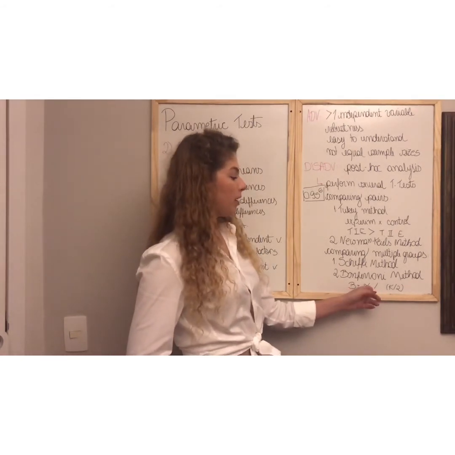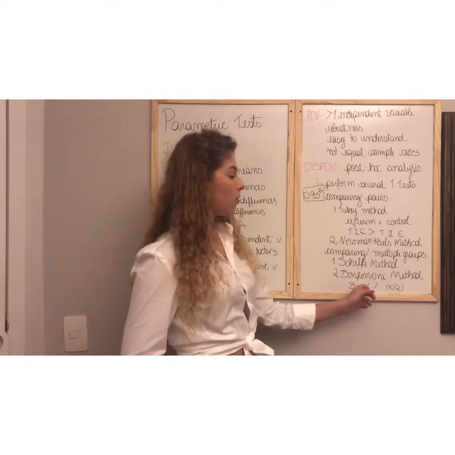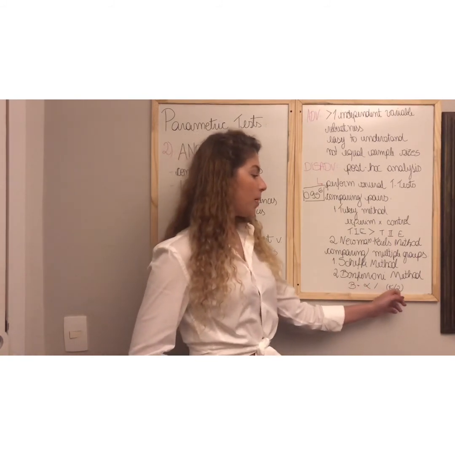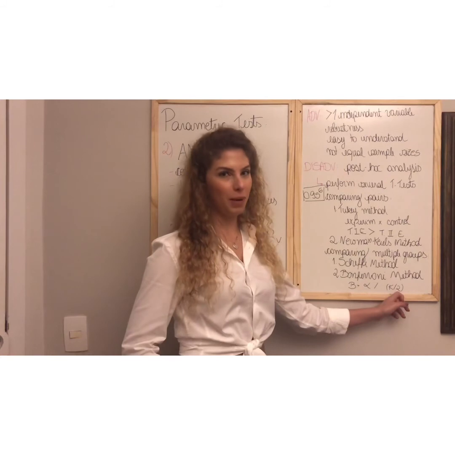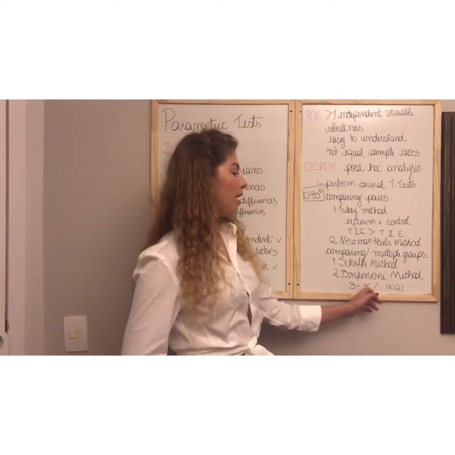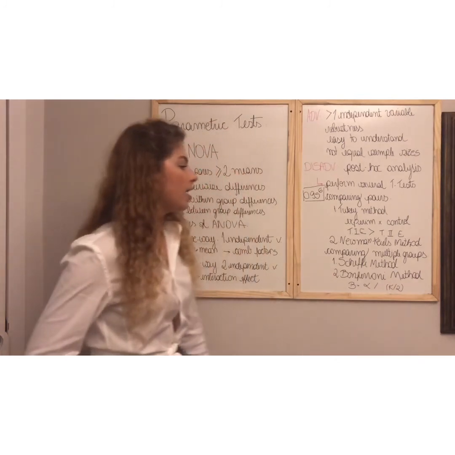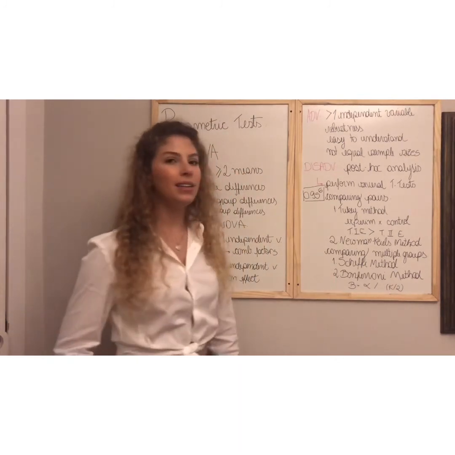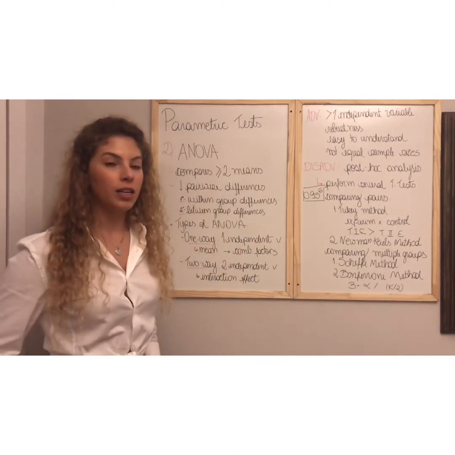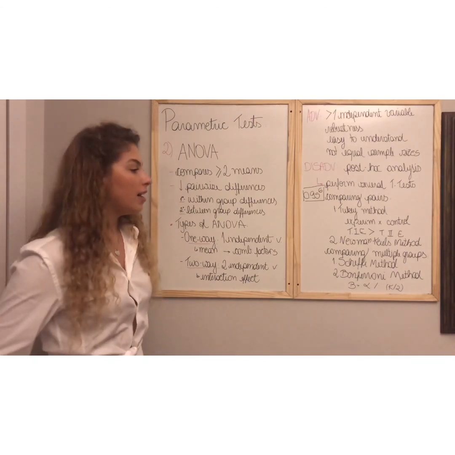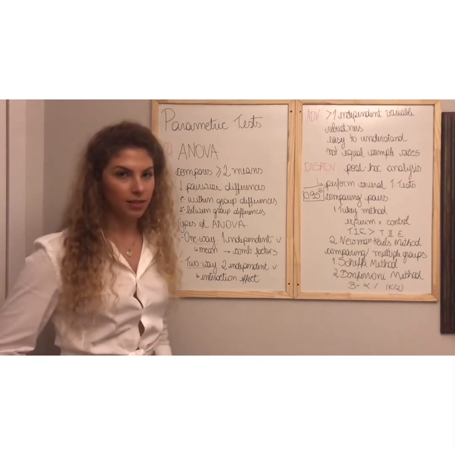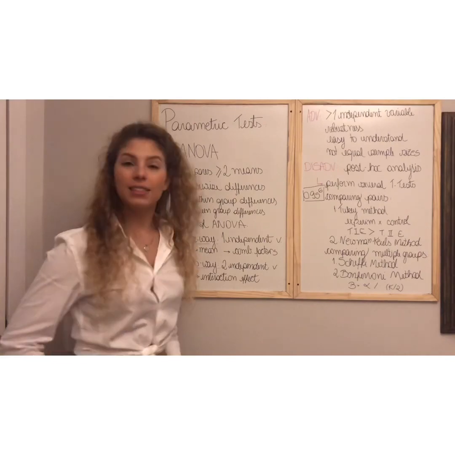So it would be beta equals alpha divided by the number of the groups divided by 2. So it would be alpha divided by half of the number of the groups. Okay, and that is a pretty precise post-hoc analysis, and it is pretty famous actually. And that's it.